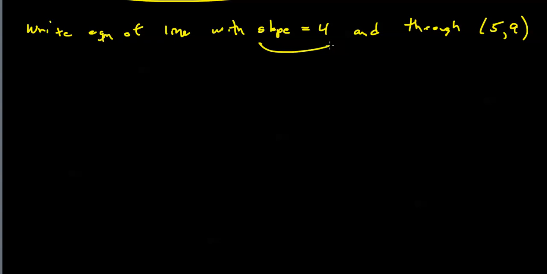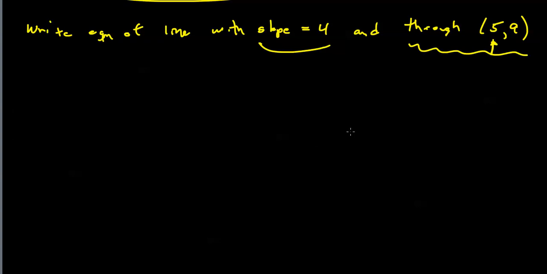Well, we know the slope is 4, but we don't know the y-intercept. We are given some other point besides the y-intercept. Oh, please note, if this was the y-intercept, the x-coordinate would be 0, not 5. So we know that is not the y-intercept.